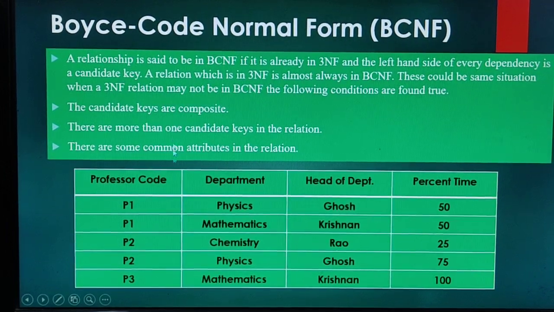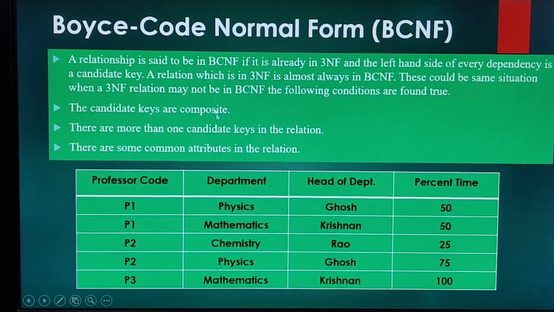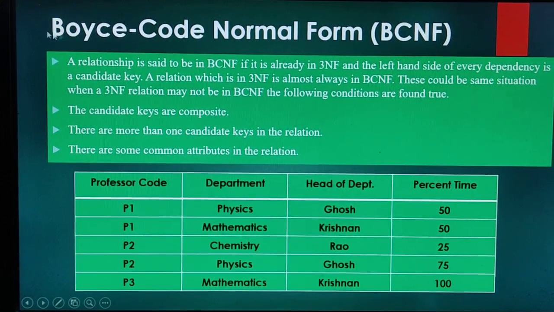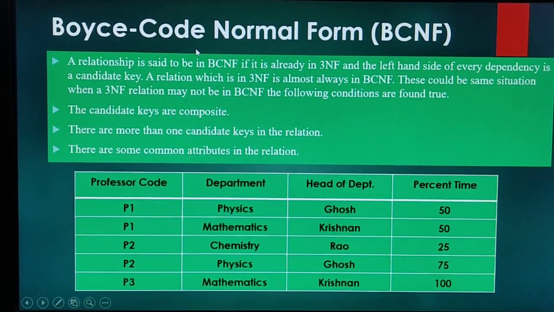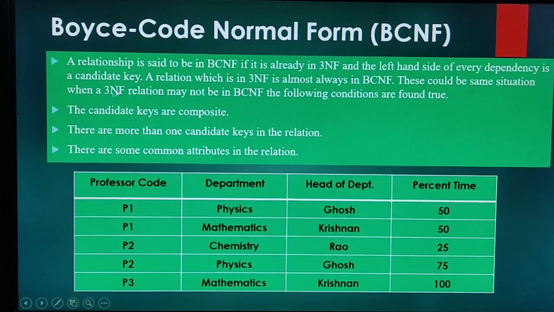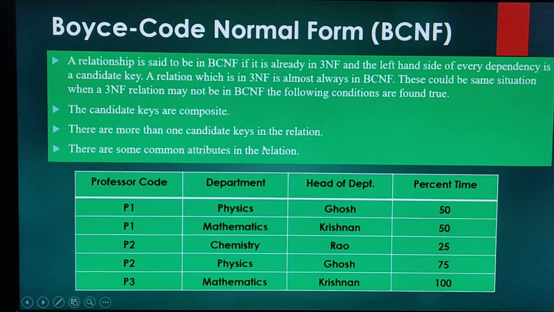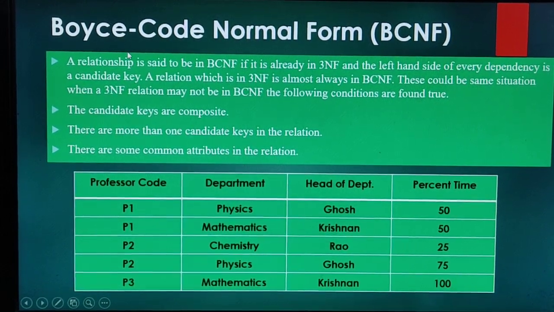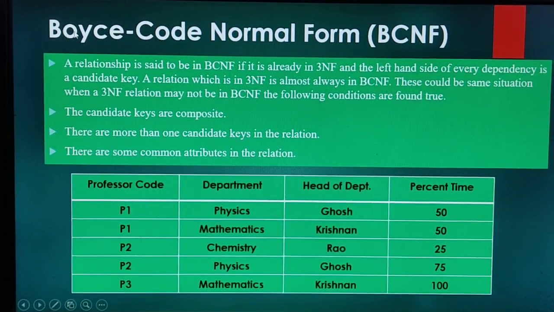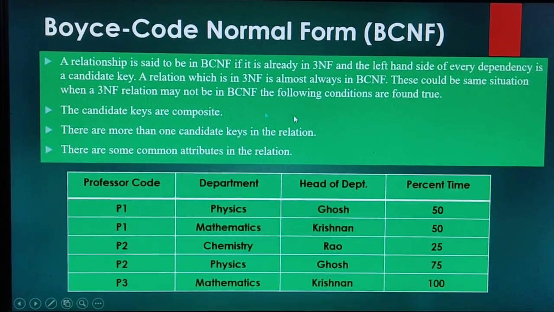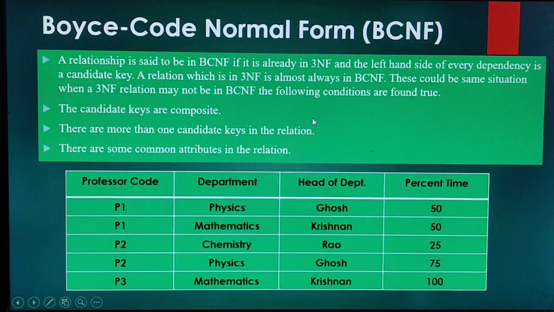These are the points which create the situations so that a relation can move from 3NF to BCNF. And if we don't have these three points in our relation, there may not be a chance to process BCNF. We can move from third NF directly to fourth NF.